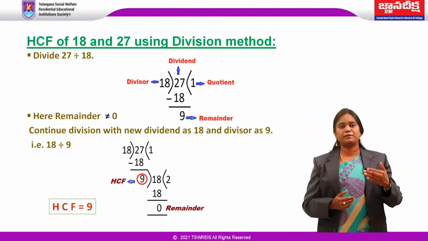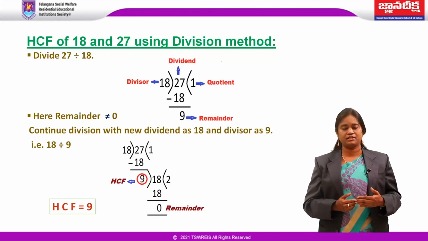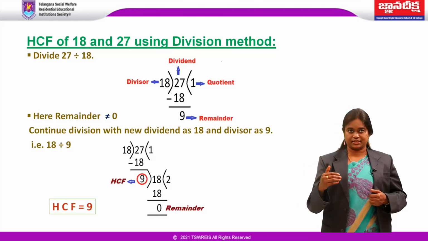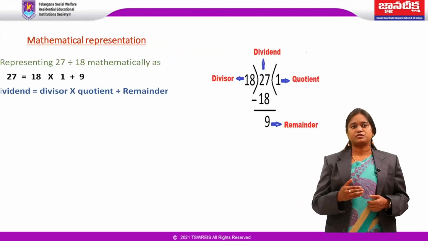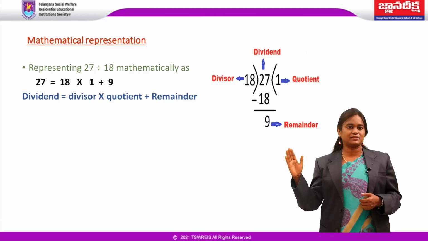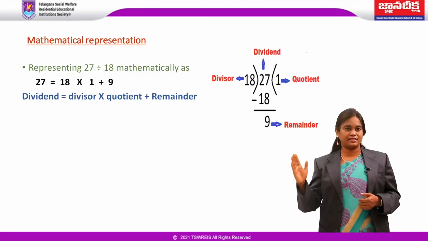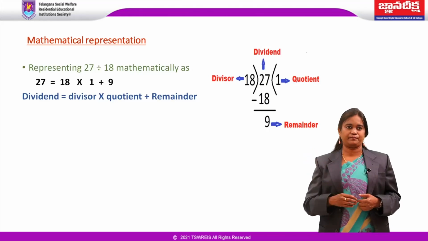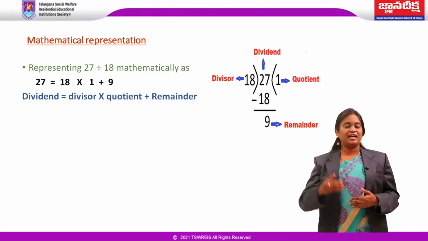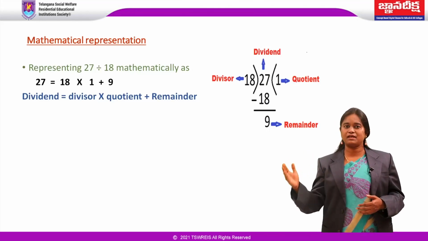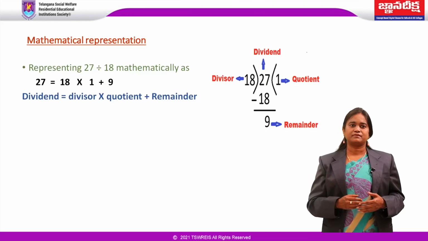Now, let's try to represent the first division, 27 divided by 18, mathematically. 27 is equal to 18 into 1 plus 9. 18 ones are 18 plus 9, which is equal to 27, which is nothing but dividend is equal to divisor into quotient plus remainder.